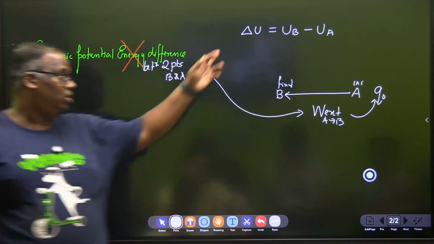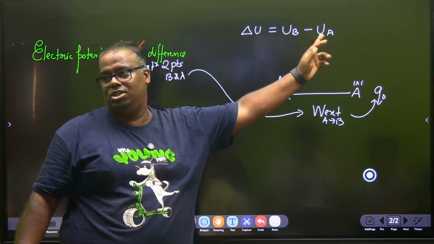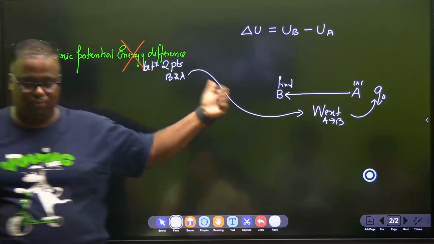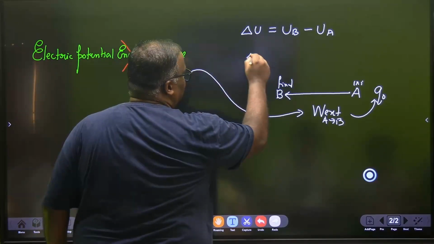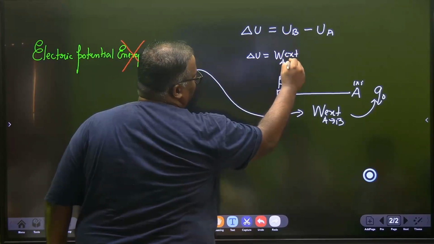In doing so, the difference of energy created between the final and initial is the electric potential energy difference. So can I not write that delta U is nothing but the external work done from A to B?